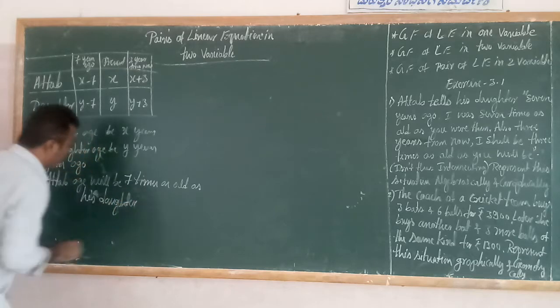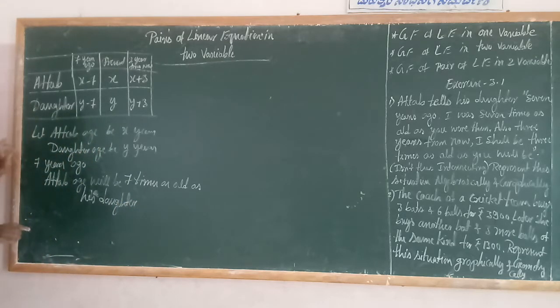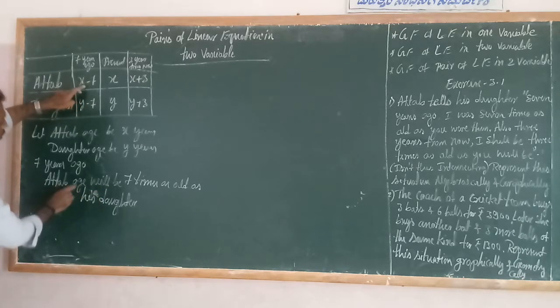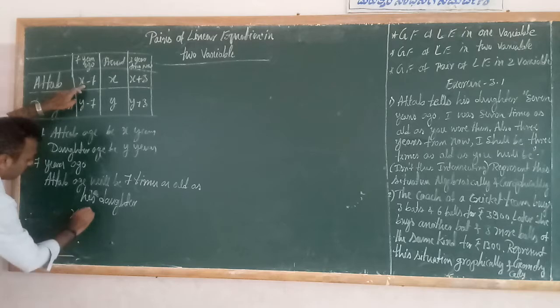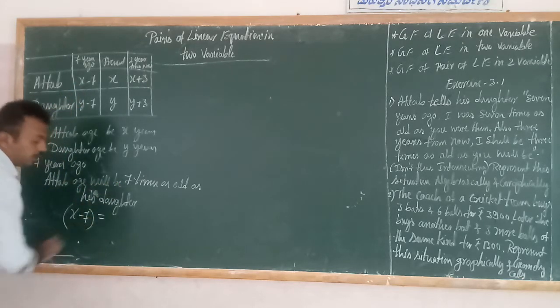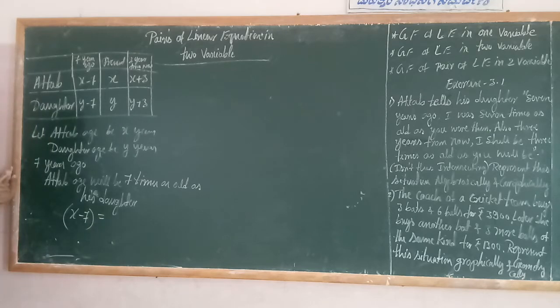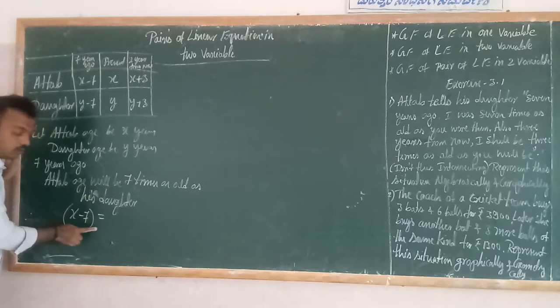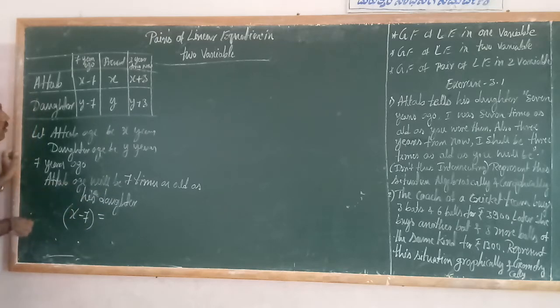What is Aftab's age 7 years ago? x minus 7. This is the age of Aftab. When words like is, was, were, will be come, they indicate equals. Okay, this word is indicated as equals.